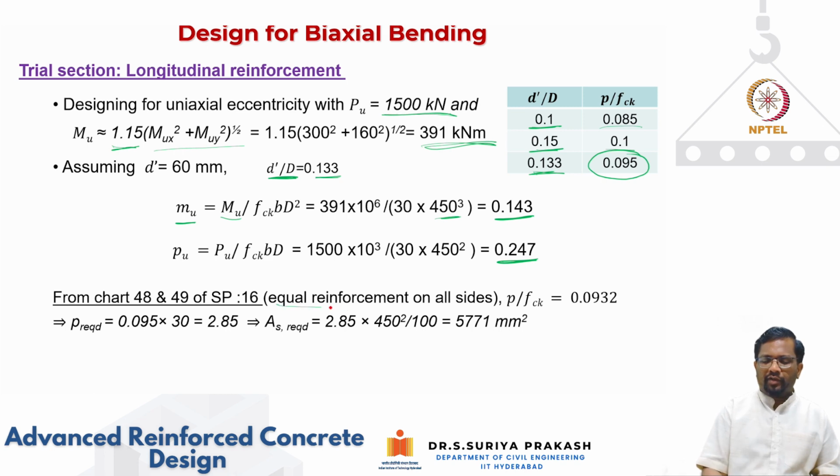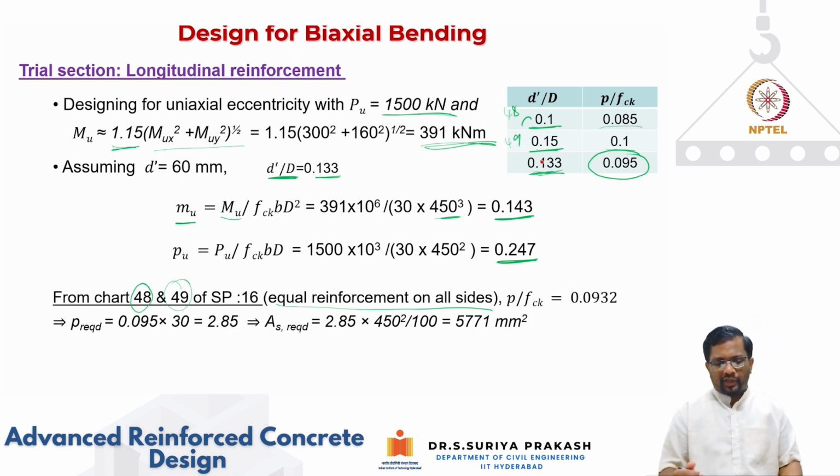We are taking equal reinforcement on all four sides. I'm going to look at both charts 48 and 49, because I need the value for D prime by D of 0.133, so I cannot directly use one chart. If D prime by D is 0.1, I can use chart 48, but my D prime by D is 0.133, so I cannot use the chart directly.